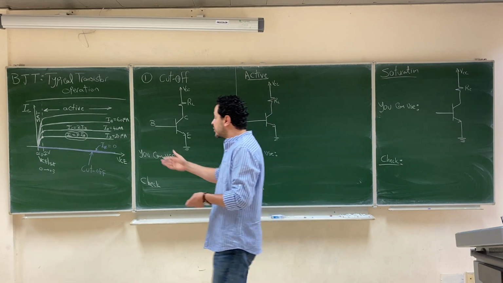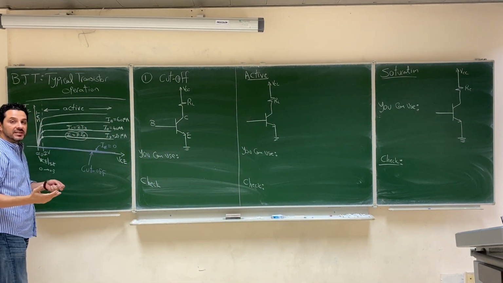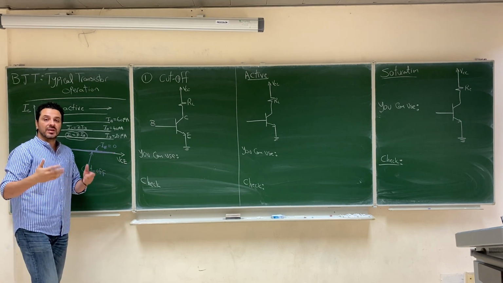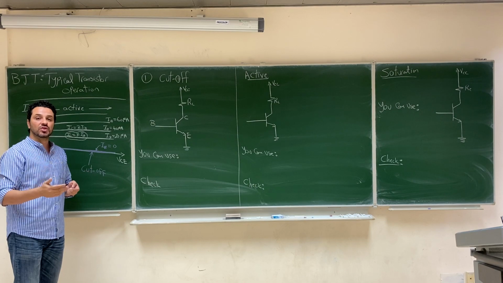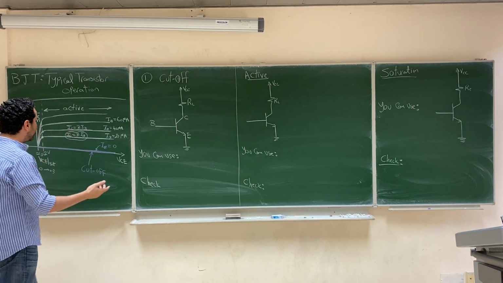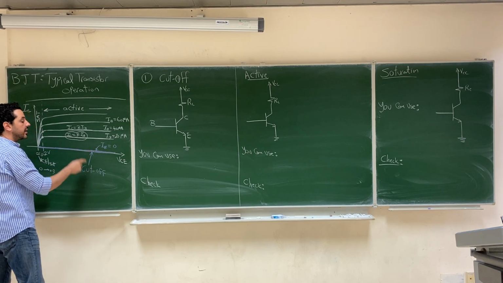By the way, also, let's go back to the curve. If you decrease I base to 0, which means that both junctions of the transistor, the base emitter junction and the base collector junction, are reversed, there is no current in the base, basically. Then this is the point at which the transistor will be cut off.